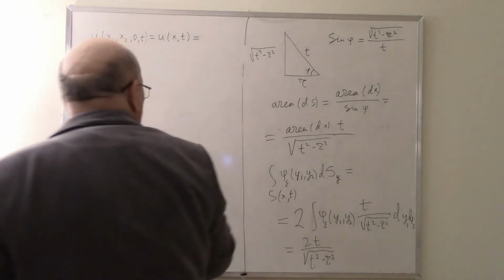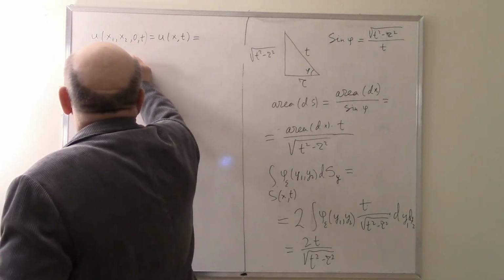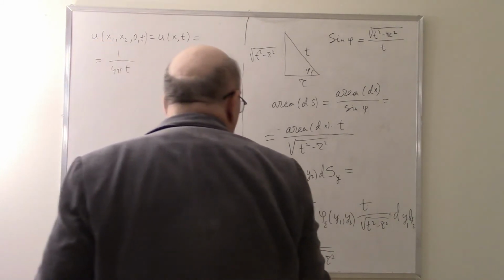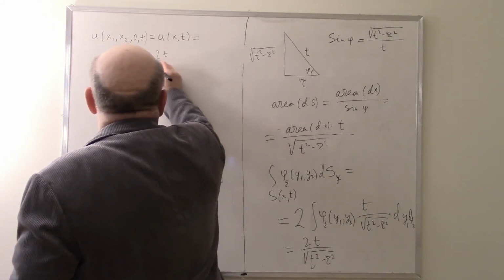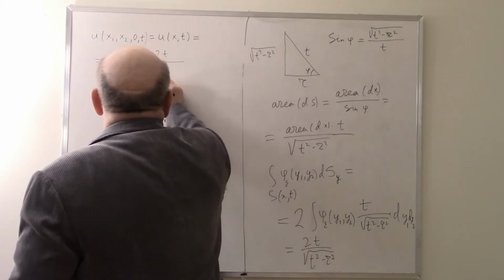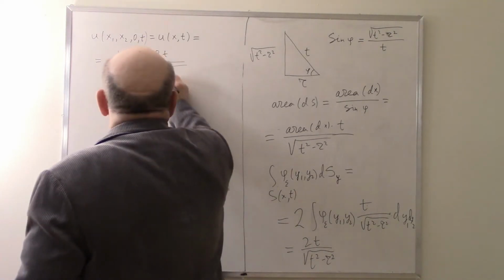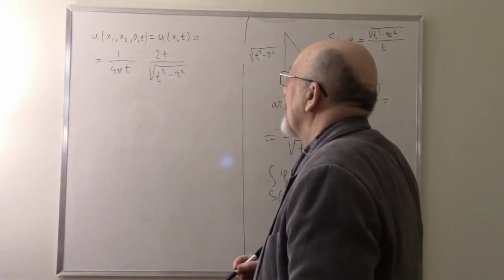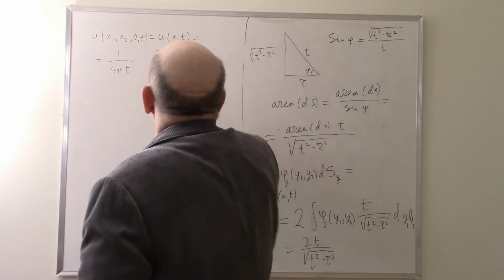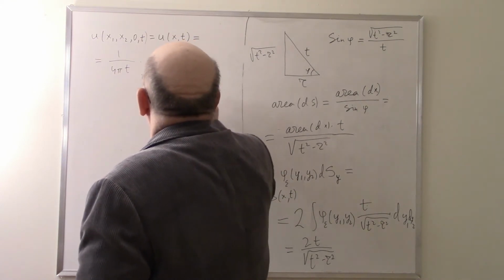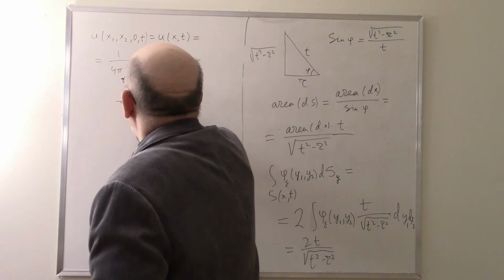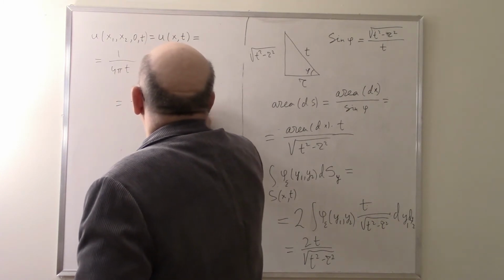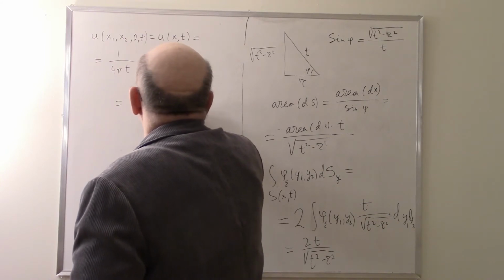Yes, equals 1 over 4 pi t times 2t divided by square root of t square minus r square, which equals 1 over 2 pi square root of t square minus r square.